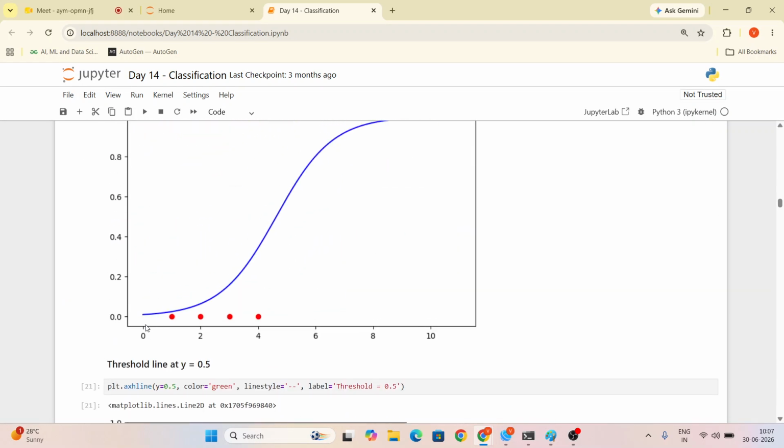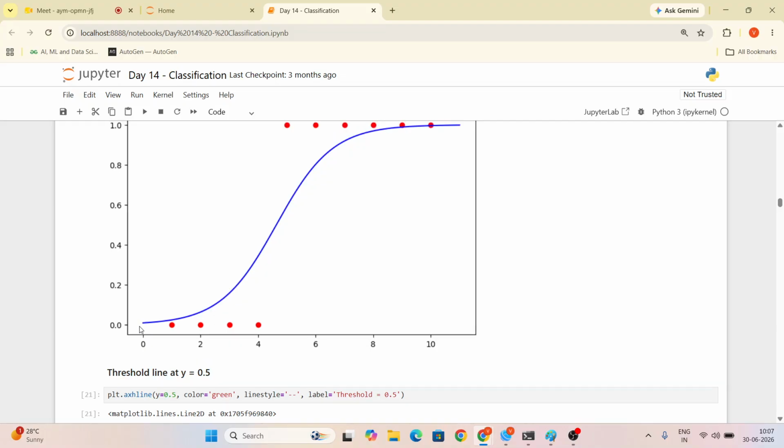Here, why are we finding the x range and y range? We want to draw a smooth curve. So this is 0 and this is 11. Between 0 and 11 we will give points up to 200 points. Small points will come. Have you got it?